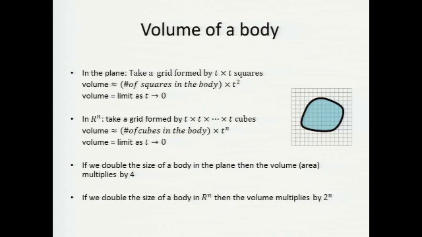In this talk, we'll be interested in talking about volumes of convex bodies. So let me define what I mean by that. One definition of volume could be given like this. You take a grid formed by squares of size t by t, and then you look at which squares are completely inside the body.